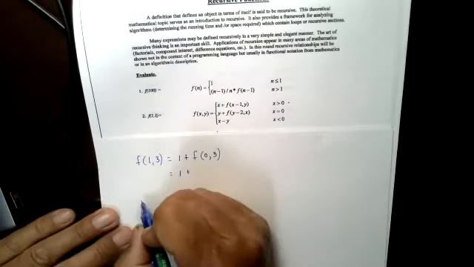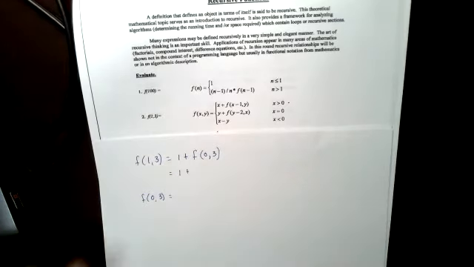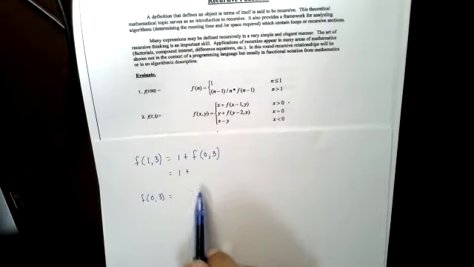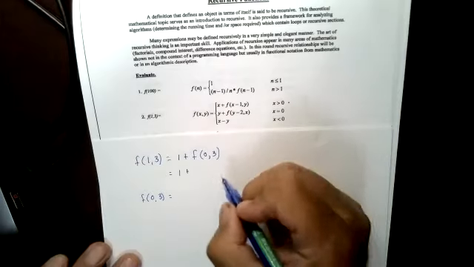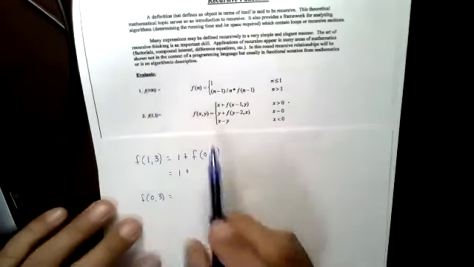In order to solve this, I now need to find out what is f(0, 3). Because once I find this, I'm going to spiral back out of the rabbit hole and be able to find out what my final answer is that I want up here. So now f(0, 3).